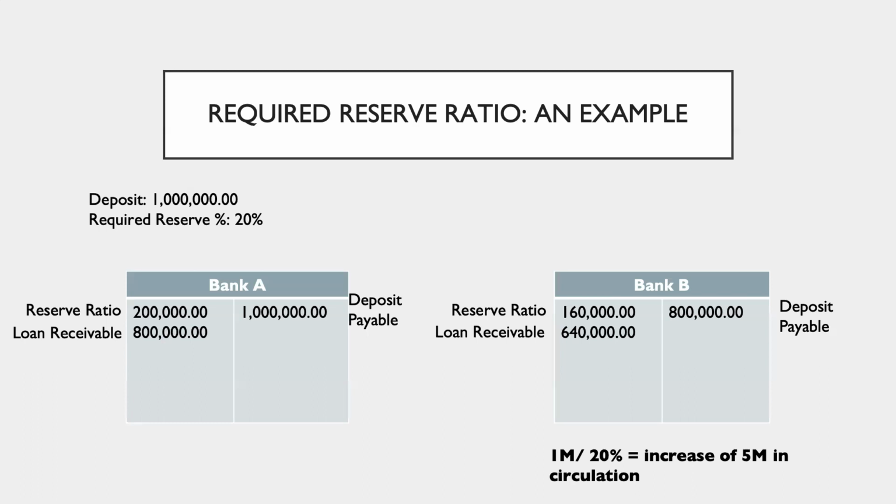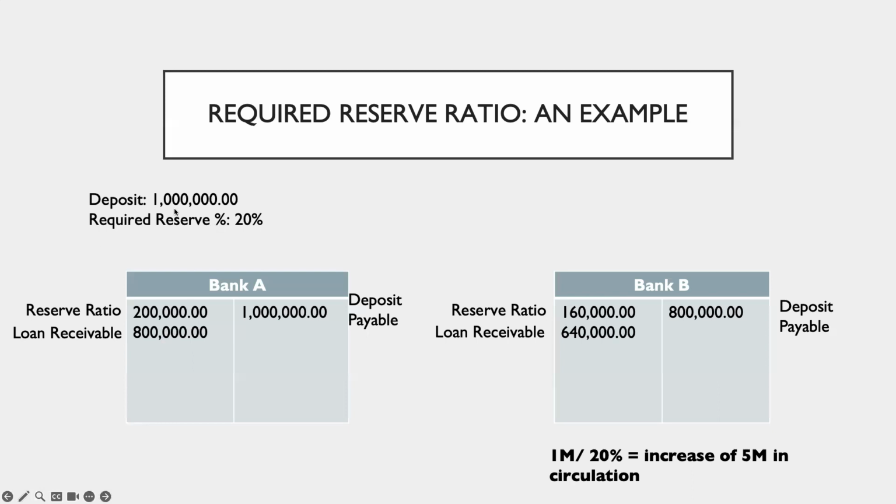So by engaging in this transaction, the 1 million deposit has increased the money in circulation by 5 million. How did I get to that number?